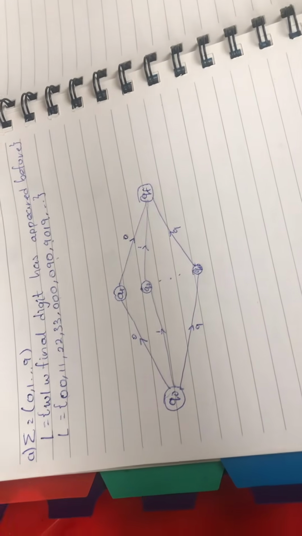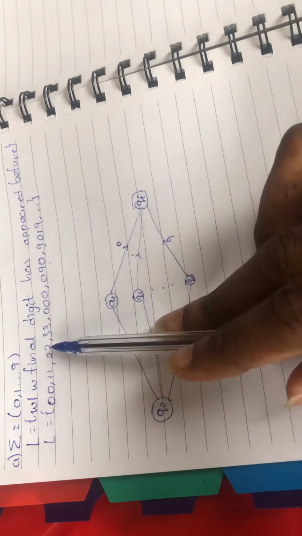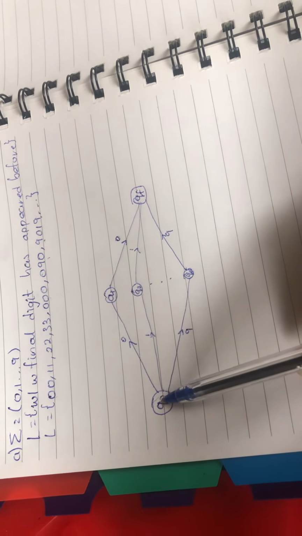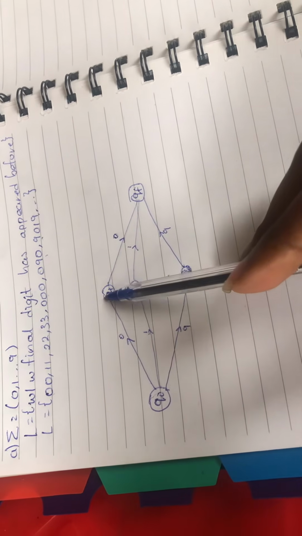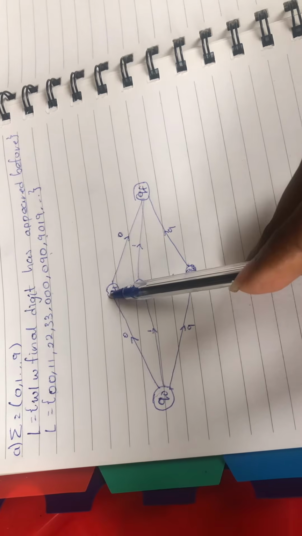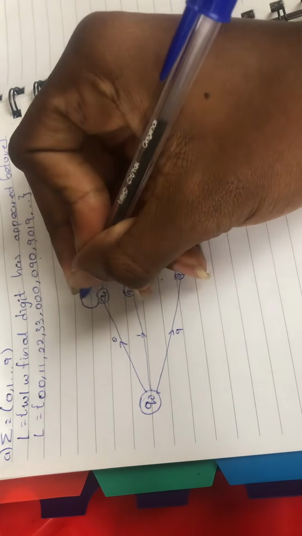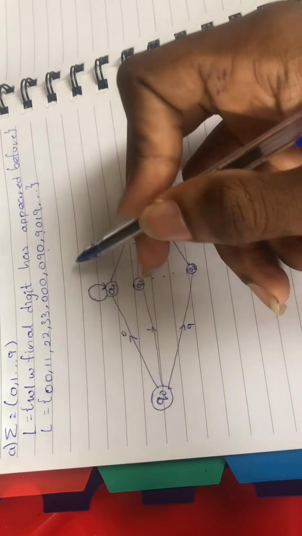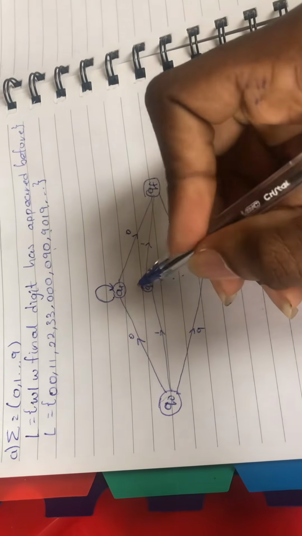Now something like 3 zeros, how will this be accepted? Think about it: 0, 0, 0. Where should it go? It should recur here.